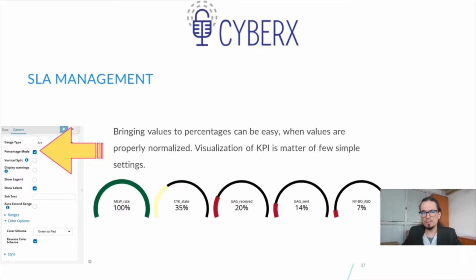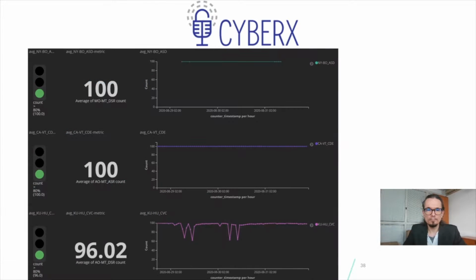We are using the percentages mode, where we can bring all of the values to percentages, and no matter who looks at the data, they will always have really clear information on whether the KPI is behaving as expected or is below the expectations.